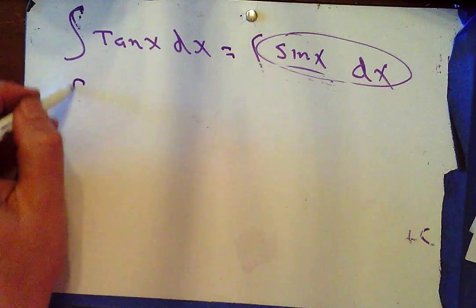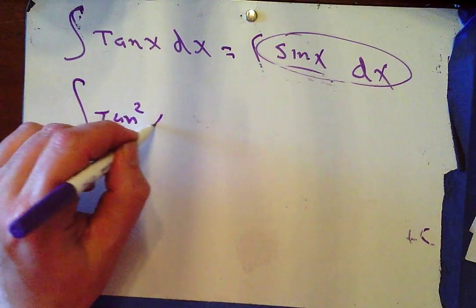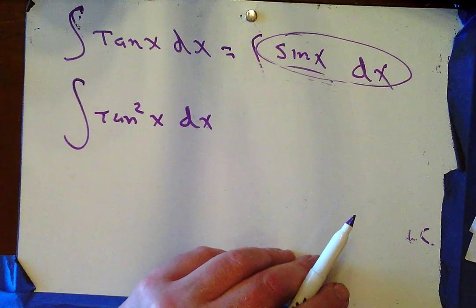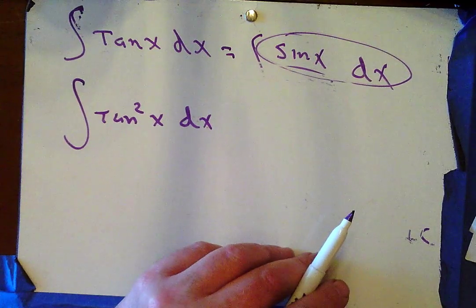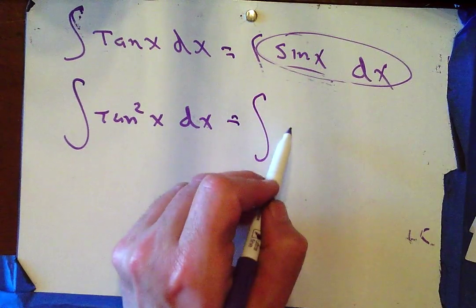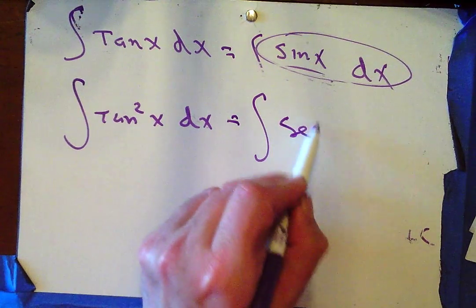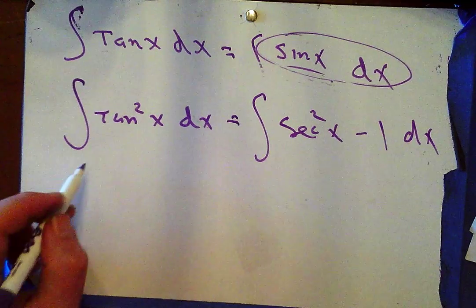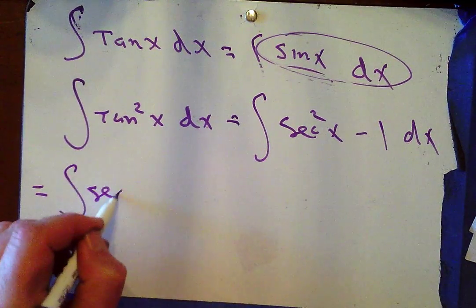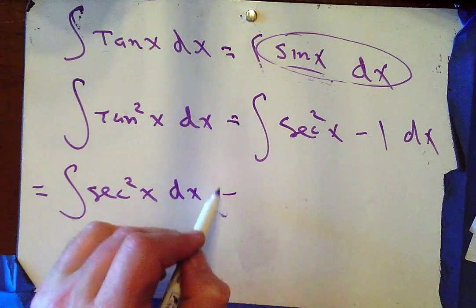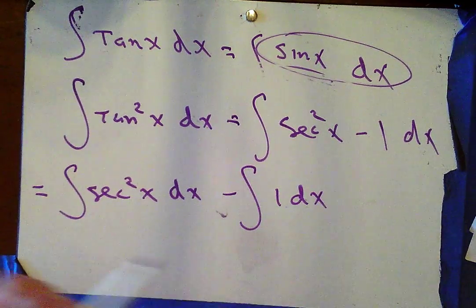All right, how about this one? The integral of tangent squared x dx. Not just tangent, but tangent squared. No, not a u sub. This is that Pythagorean one. Tangent squared is equal to secant squared minus 1. So I can break that up into the integral of secant squared minus the integral of 1.